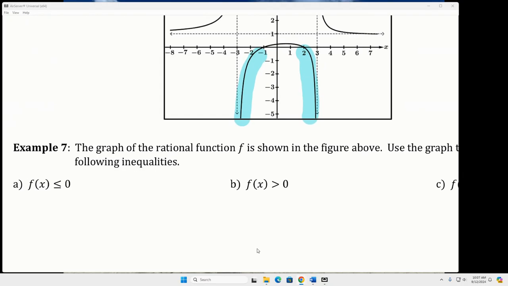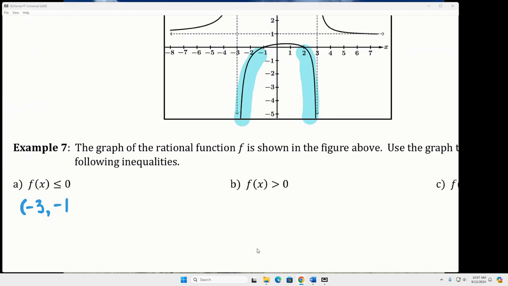And then I'm just going to represent those inequalities. So what's going to happen is this graph is going to get closer and closer to -3, but never quite get there. So that's going to be the starting point of our inequality. We're going to start at -3. It's not going to get there, so we're going to do parentheses. All right, and then it's going to be underneath until we get to -1.